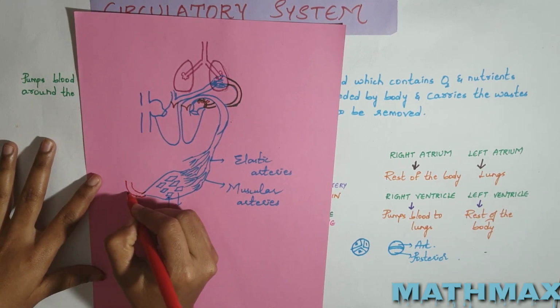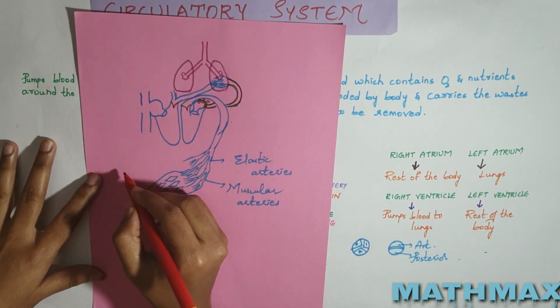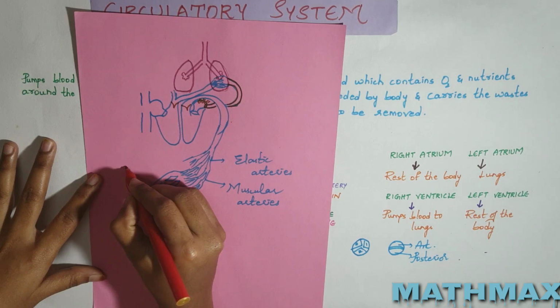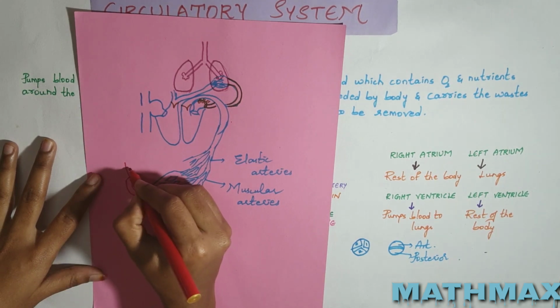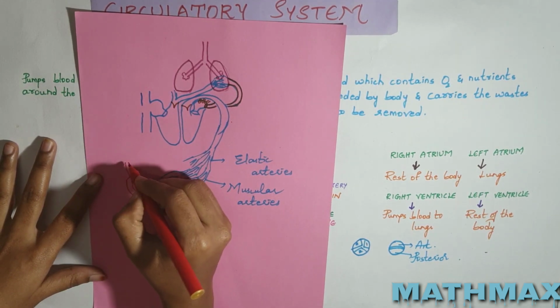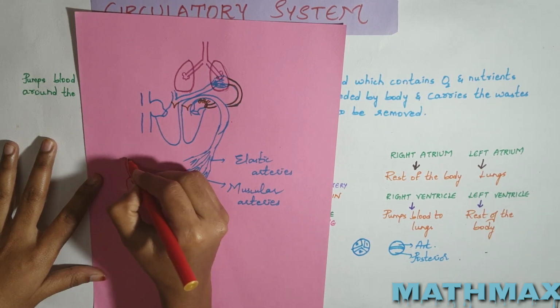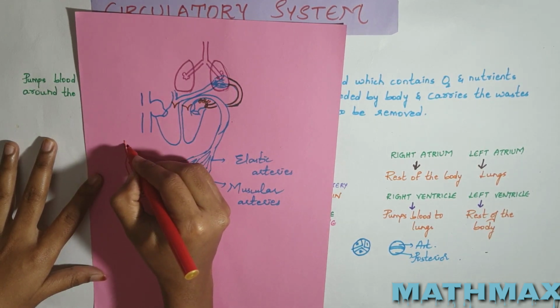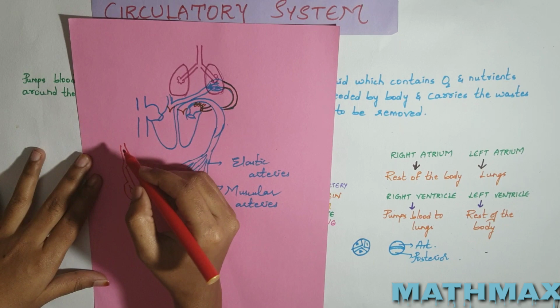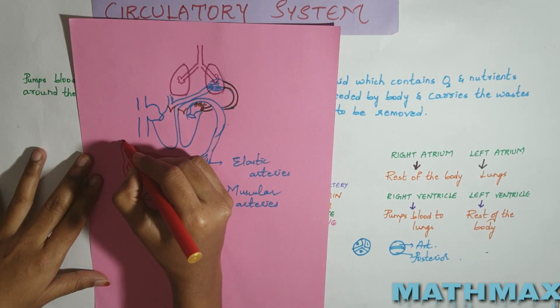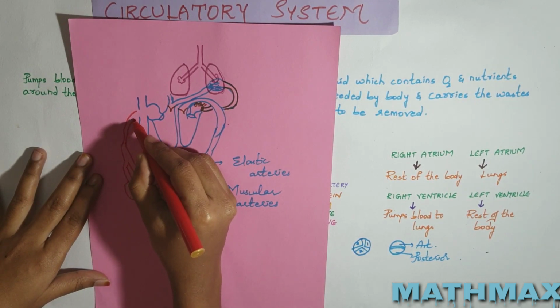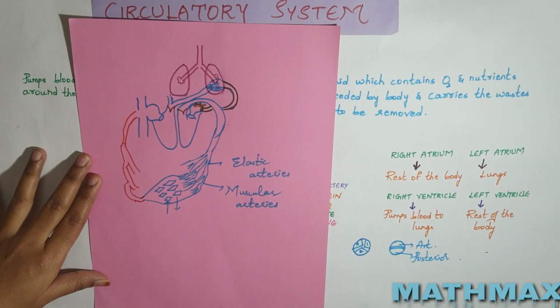Capillaries form into venules. The blood from the venules passes into small veins, which then pass into large veins that drain the blood into either superior vena cava or inferior vena cava.